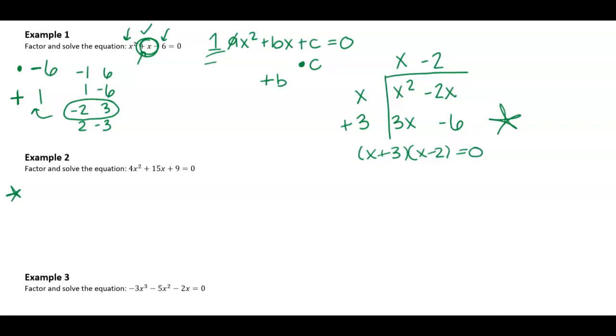example 2. In the case where a is not equal to 1, I need to find two numbers that multiply to a times c, in this case multiply to 36, and then still add to b.